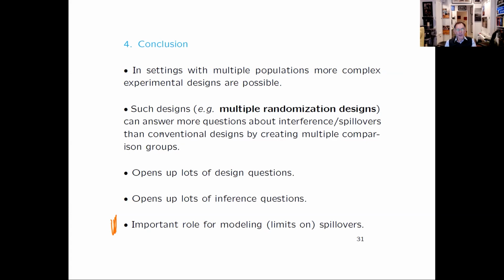So we have a lot of information about this structure that should help guide the design questions and the inference questions for these problems. I think there are lots more questions here that we haven't really dealt with in the paper.